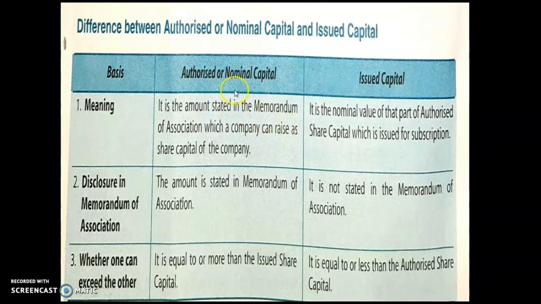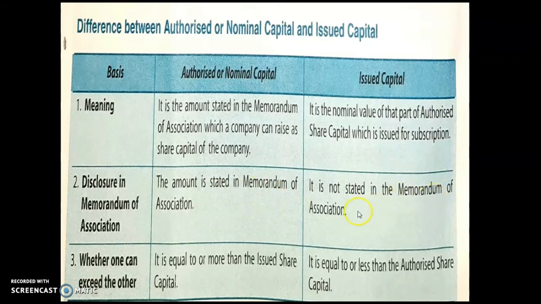Next, here is the difference between authorized and issued capital. Authorized capital is the amount stated in the memorandum which a company can raise as share capital. And issued capital is the nominal value of the part of authorized share capital which is issued for subscription. Authorized capital is mentioned in the memorandum of association, but issued capital is not.